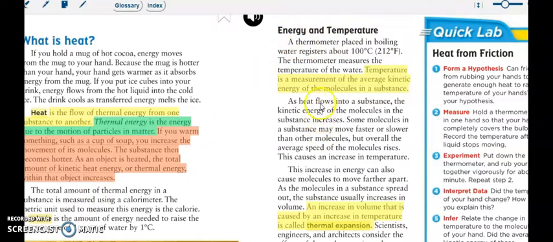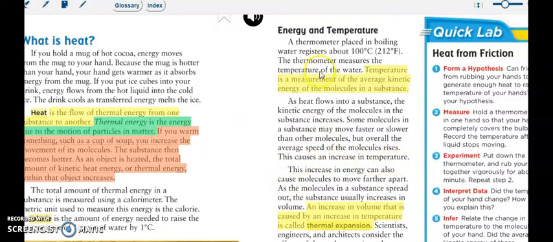So guys, as heat flows into a substance, the kinetic energy of the molecules in that substance increases, as we saw in the previous experiment. Some molecules may move faster or slower than others, but overall the average speed of the molecules rises. This causes an increase in temperature.